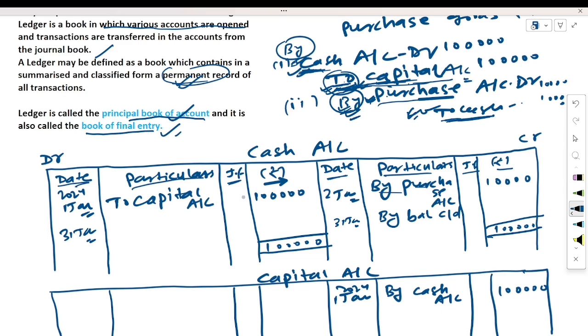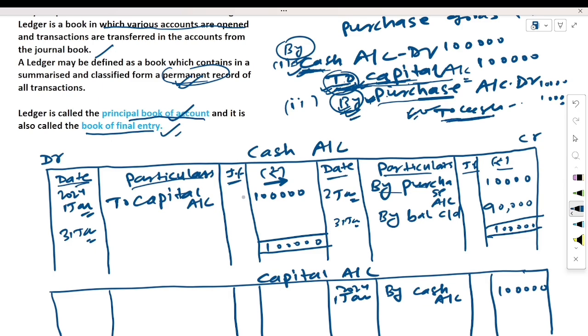Now on 31st January, this account book will be closed, so we will write here "by balance c/d", this will be the balance carried down. How much carried down balance will be here? 1 lakh is given here minus 10,000. So your balance carried down will be 90,000. And this carried down balance will be the brought down balance, meaning the closing balance. This closing balance will be the opening balance of the next month.